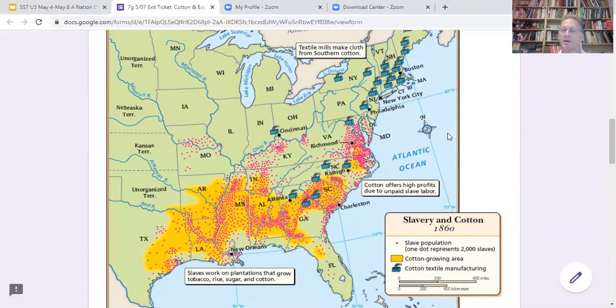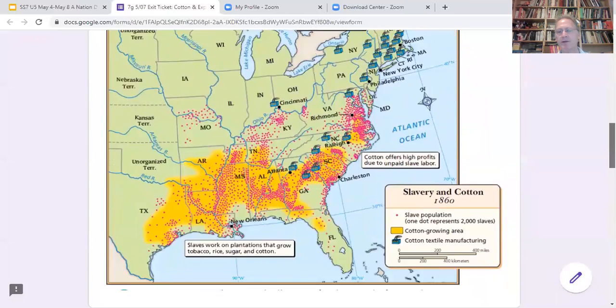The North depended on raw cotton in order to make its cotton textiles, and the South profited from that sale. The white people in the South who owned slaves profited from that sale of raw cotton to factories in the North and factories in England. So take a look at that map. Learn to read a map.